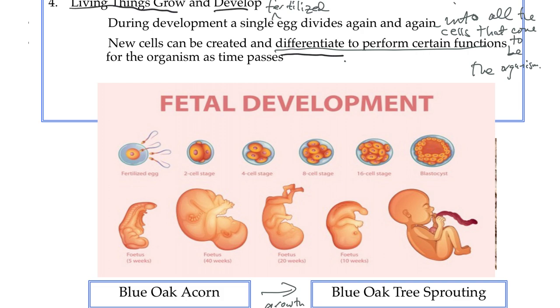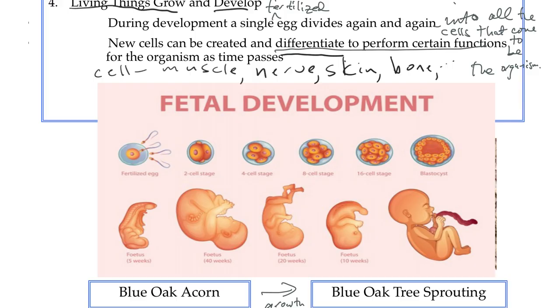There's all kinds of different cells: muscle, nerve, skin, bone, cartilage, on and on, where these cells can do a specific thing that other cells cannot do.